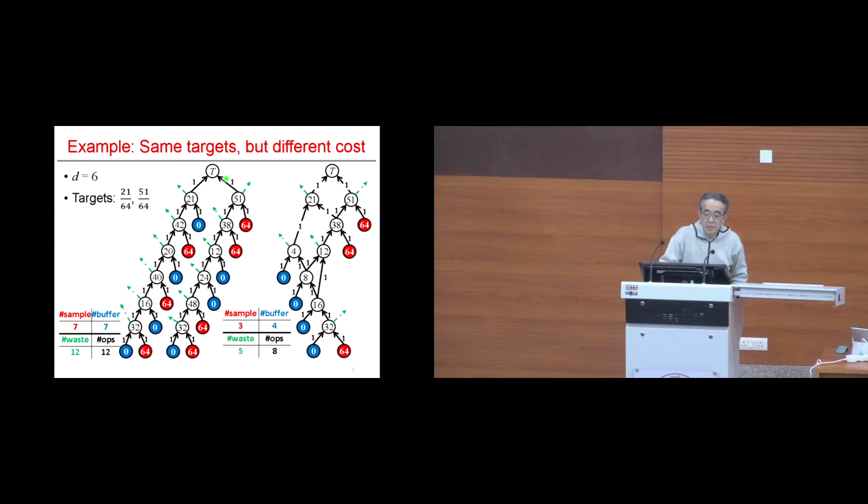So this is a very simple way of mixing, but this one is generated by the so-called Lemire heuristic, which is considered a very good heuristic. As you see, we have the same results, but here the number of samples and number of buffers is less than the left-hand side. So this is the number of operations.